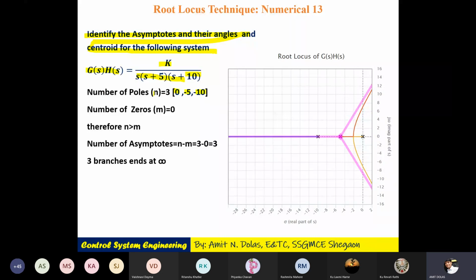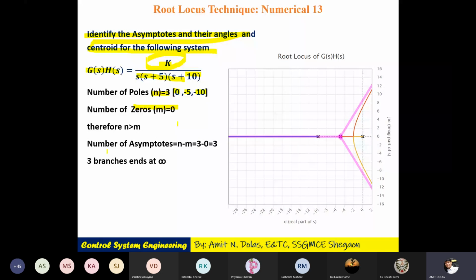So the number of poles is 3. Number of zeros: there is no term in the numerator, only gain, so the number of zeros is 0. So the number of total branches will be 3. And of course, how many asymptotes? Number of poles minus zeros.